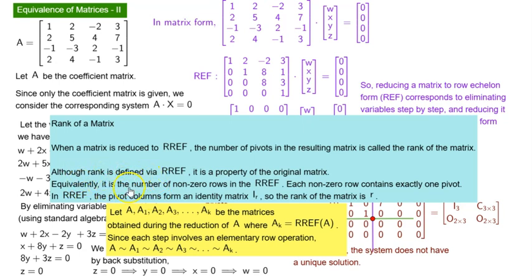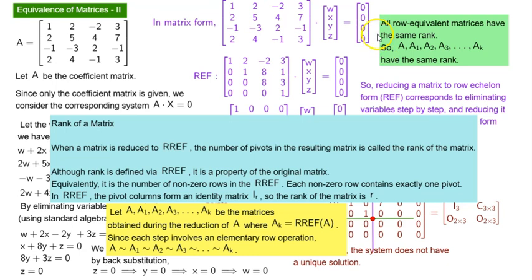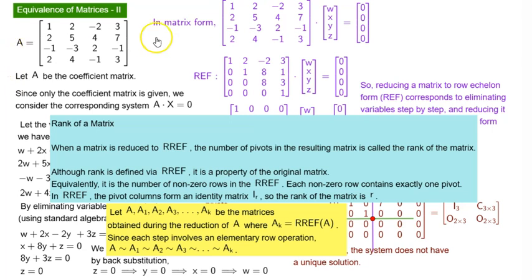These are other ways of looking at rank. And finally, all row equivalent matrices have the same rank. So A sub 1, A sub 2, A sub 3, A sub k have the same rank. So that was equivalence of matrices.